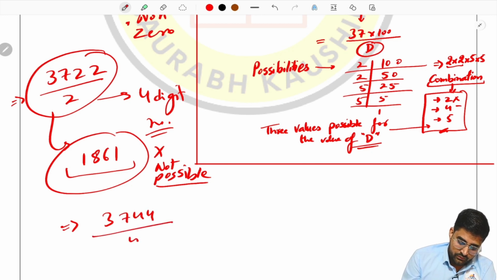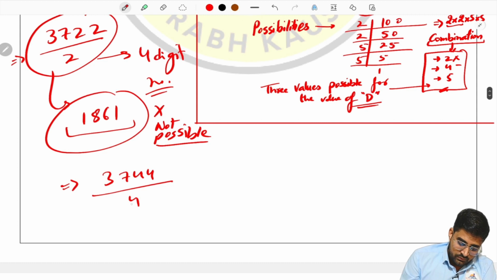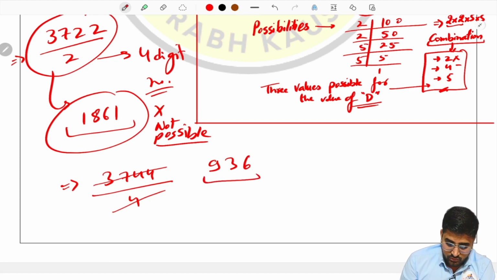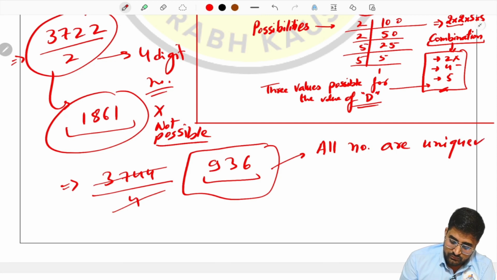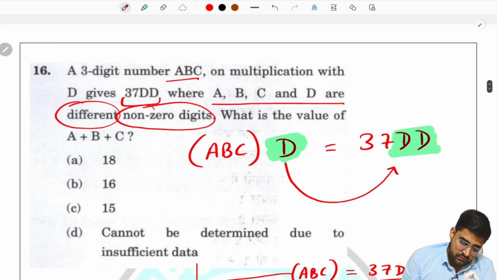3744 divided by 4. 4 nines are 36. 4 threes are 12, and 6 are... So the number is all unique, which is the first requirement.